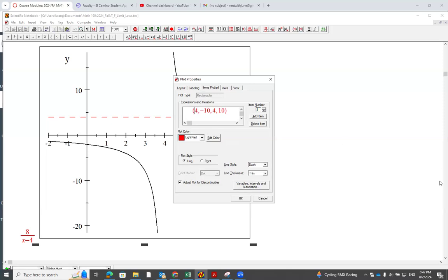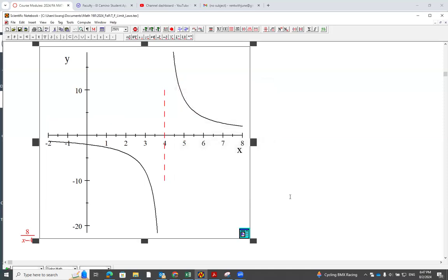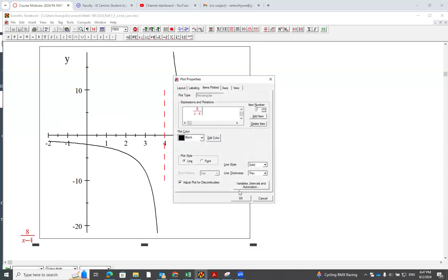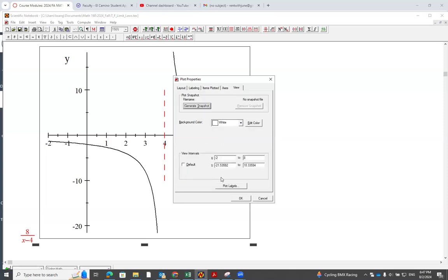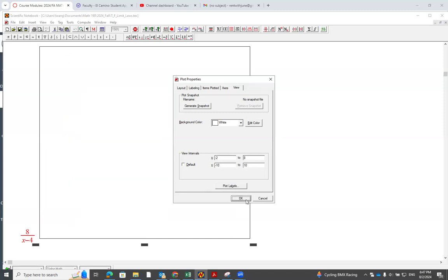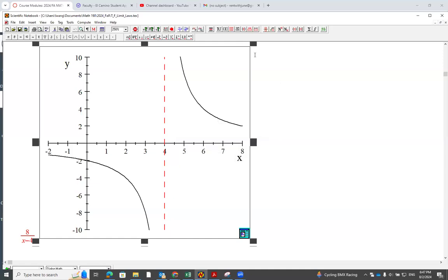Open parentheses. Here we go. Let me adjust it a little bit better. Okay, so you see this picture.